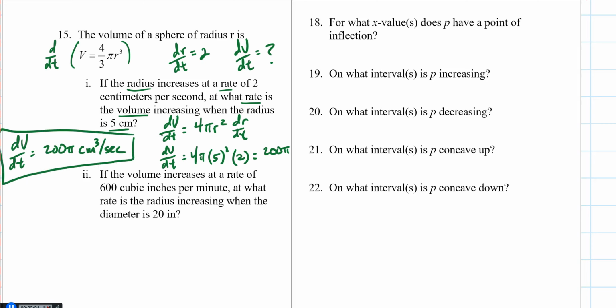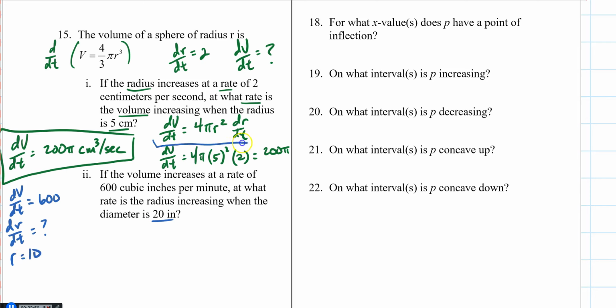second. Part 2. If the volume increases at a rate of 600 cubic inches per minute, at what rate is the radius increasing when the diameter is 20? So this time we're given dV/dt is 600. We're looking for dr/dt, and we know that r has to be 10 because the diameter is 20.